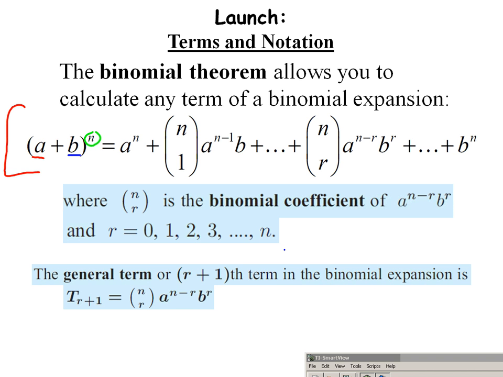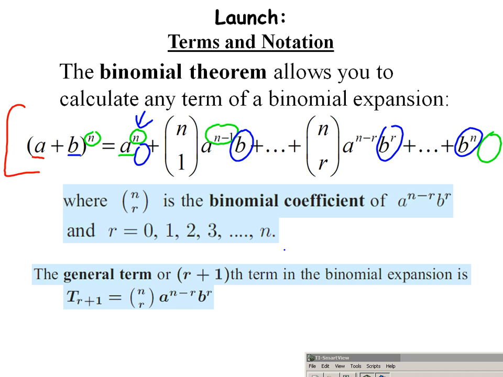And as we talked about with Pascal's triangle, you start off with your a term to the n power and then to the n minus 1, and then it just keeps getting lower and lower until you eventually have no more a terms at all, or a to the 0 power. The b term, on the other hand, we start off with no b terms, and then we have 1, and then it keeps increasing until we have b to the n, which was, again, our original exponent there.